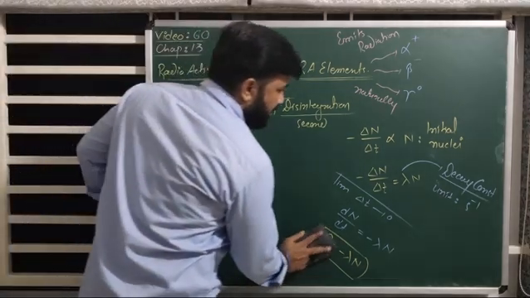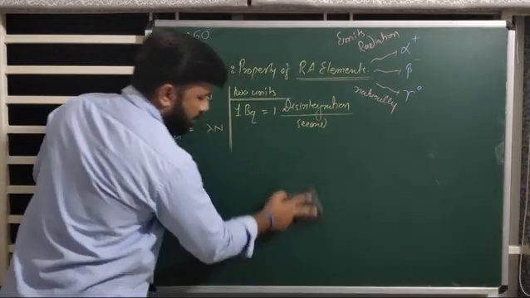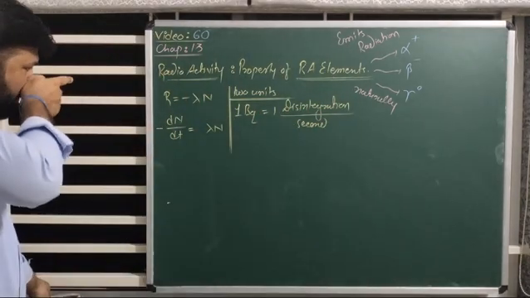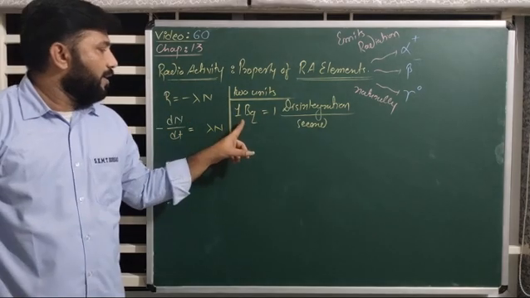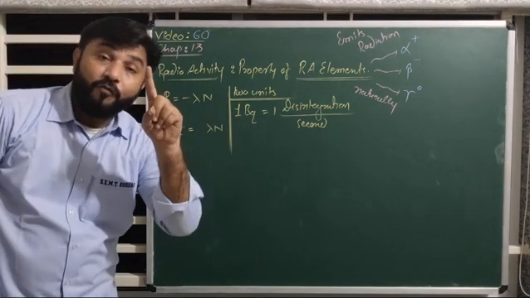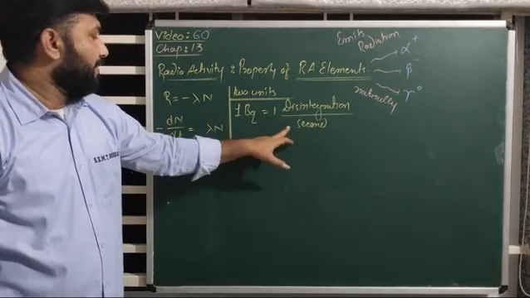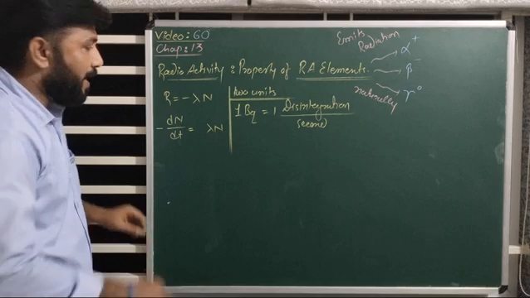So, what is the unit of that radioactivity? Now I will remove this. Now focus only here. Radioactivity has first unit becquerel, meaning if one nucleus disintegrates in 1 second, that is known as 1 becquerel.